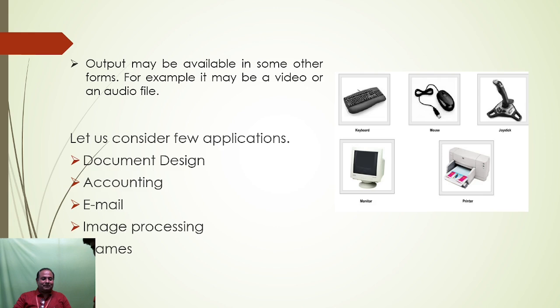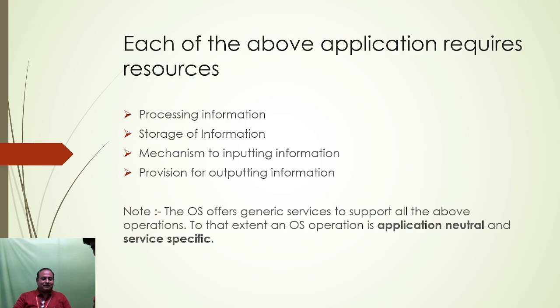Suppose you want to send a mail to another person, here also the operating system supports sending the email. Similarly, if you want to do image processing or edit particular images, for that also we need an operating system. Finally, if a user is running a game, for that also we need an operating system.